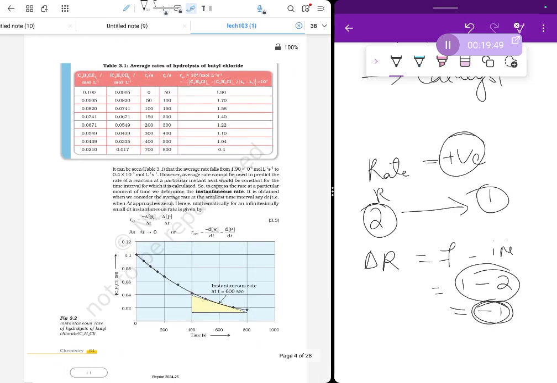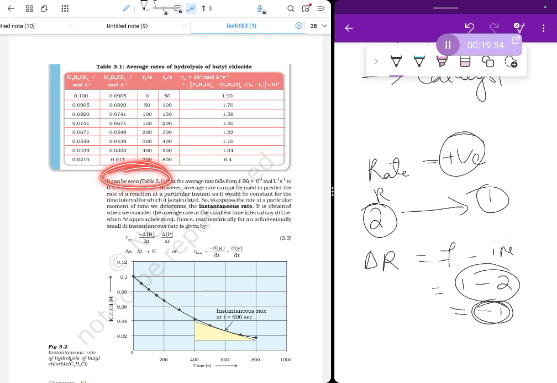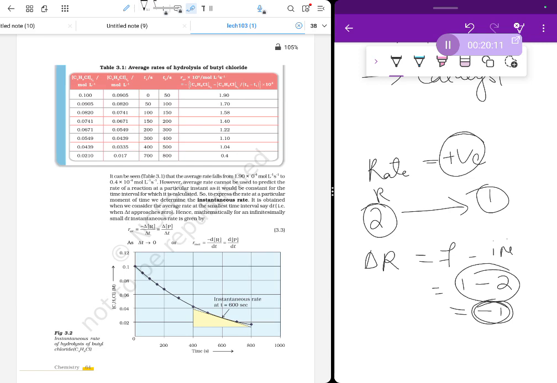Now next part. It can be seen from table 3.1 that the average rate falls from 1.9 into 10 to the power minus 4 mole second inverse to 0.4 into 10 to the power minus 4. From here to here it is falling.